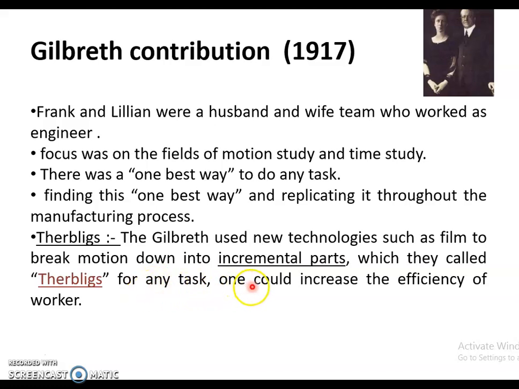For any task, one could increase the efficiency of the worker. Besides therbligs, he gave one more technique, that is motion study and time study, for studying any method.